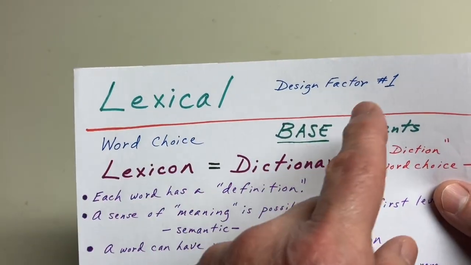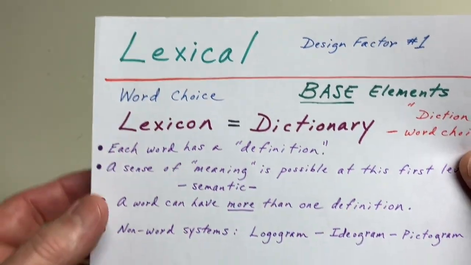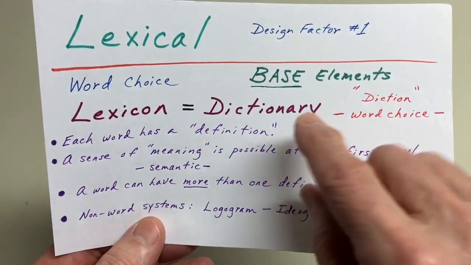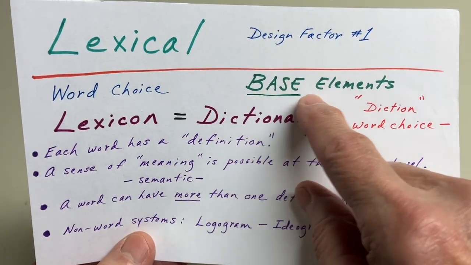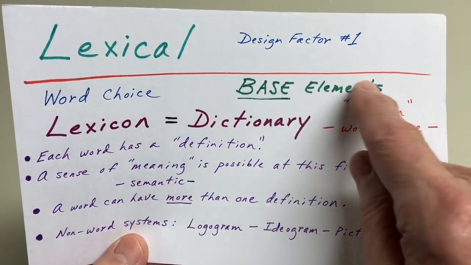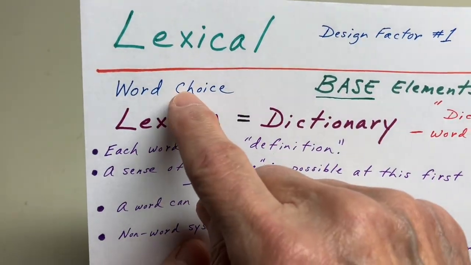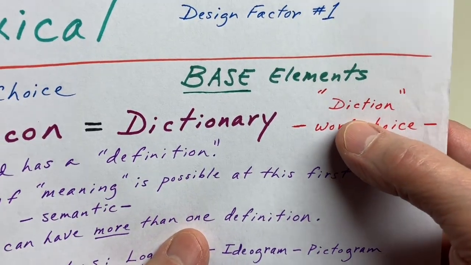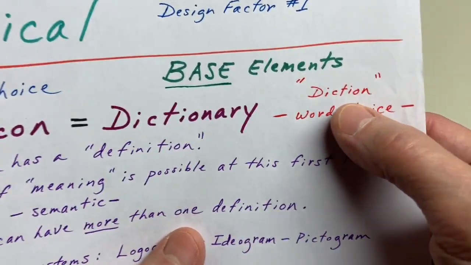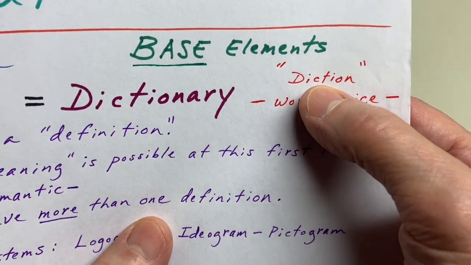Design factor number 1 is lexical. That's your base elements. In this category, they're all base elements. Remember the sentence elements? And here we're talking about word choice, all right? Now, the old word that they used for word choice was diction. That was one of the original.